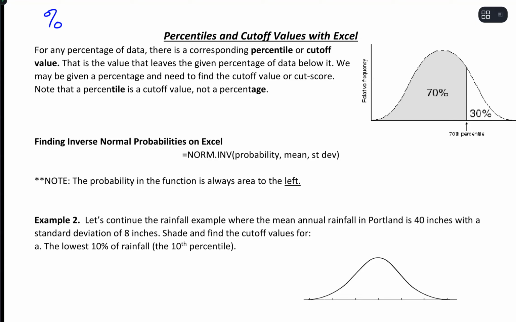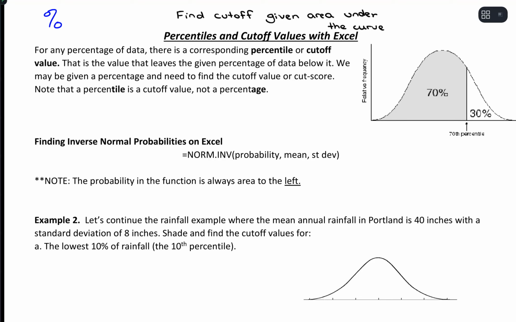But the idea is that from there, knowing where that percentage is landing, we can find a cutoff value. So this whole section is finding a cutoff value given area under the curve, whereas the last video was finding area under the curve given the cutoff value.